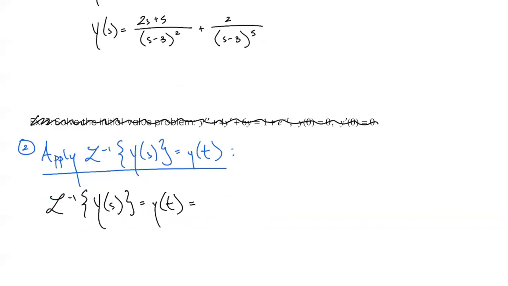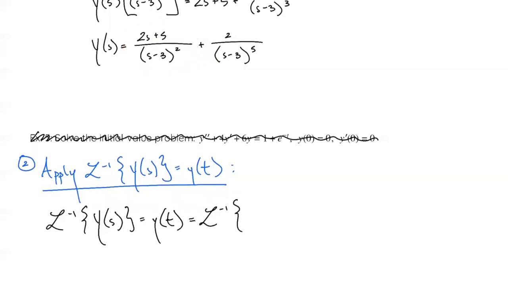But we have to take the inverse Laplace of each of these terms here. I'm going to say this piece right here. Well, didn't we see that before? This was actually the same thing as we had in the previous example, right? 2s plus 5 over s minus 3 squared.